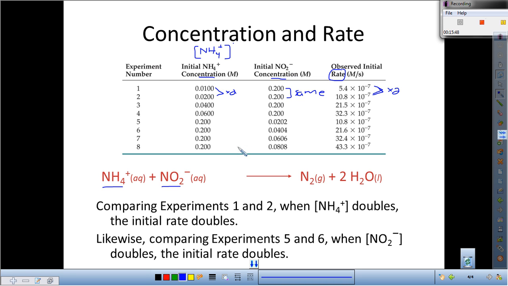So we're going to look for trials where the ammonium stayed the same and the nitrite changed. That happens in trials 5 through 8. We can compare any of these; I'm just going to pick the first two. So these two, the ammonium is the same.